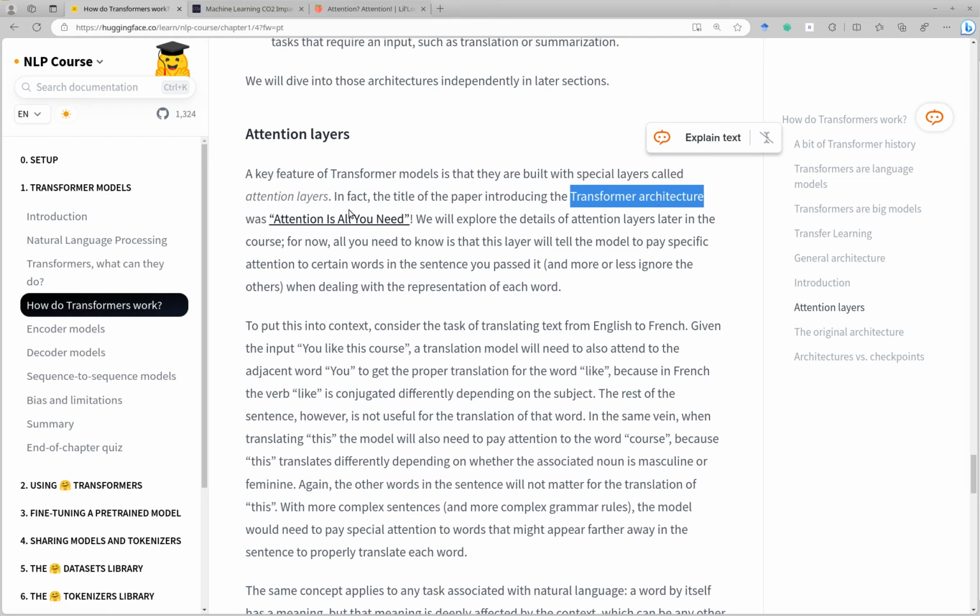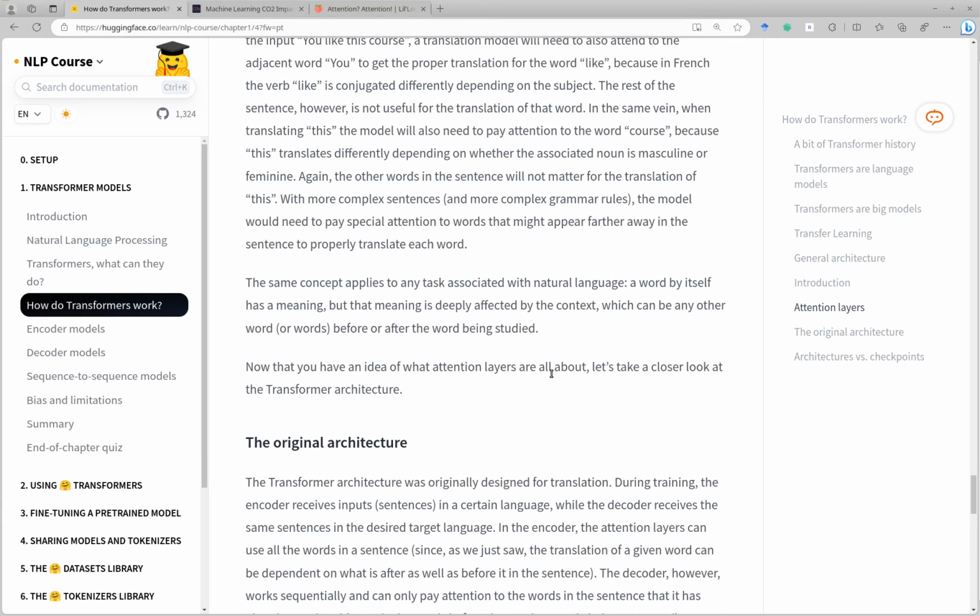So for the first time they introduced this concept as well as the transformer architecture. The main use of this architecture was for the translation model. They used the transformer architecture for translation purposes.